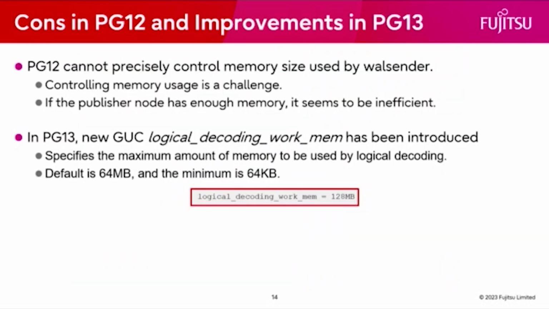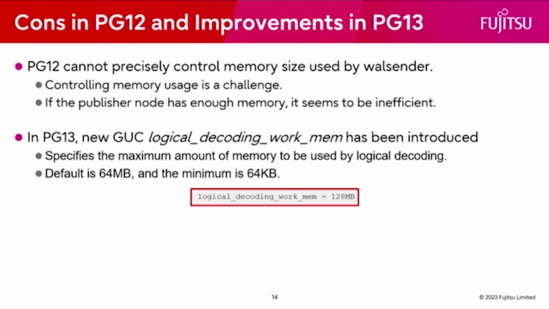Okay, as previously discussed, Postgres 12 cannot precisely control memory usage by the walsender. It means that controlling memory usage is a challenge, and if the publisher node has a large amount of memory, it seems to be inefficient because there is a lot of free memory, but the walsender can use only a fixed value.